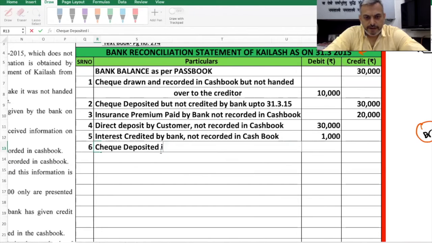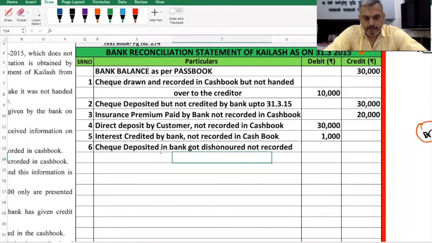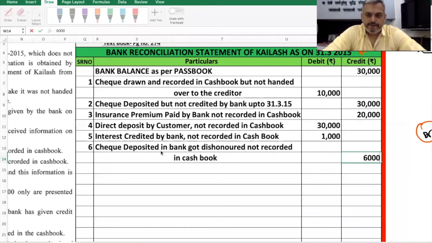Check deposited in bank got dishonored, not recorded in cash book. So which side we will record? On the credit side.